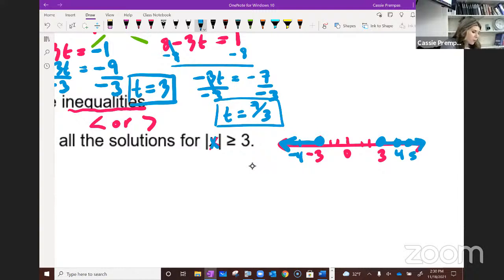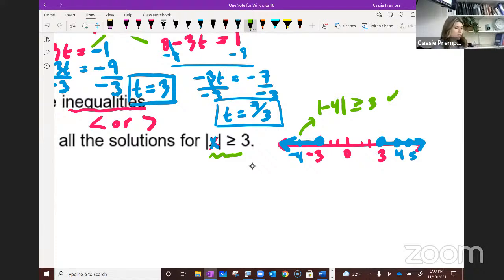If we think about why Weston's answers do work, you're shading the answers that make this true. And if I think about the number -4, the absolute value of -4, what does that come out to equal? 4. Is that greater than or equal to 3? Yes. So -4 should be shaded. It should be an answer. Now, graphically, this is what your answers will look like.